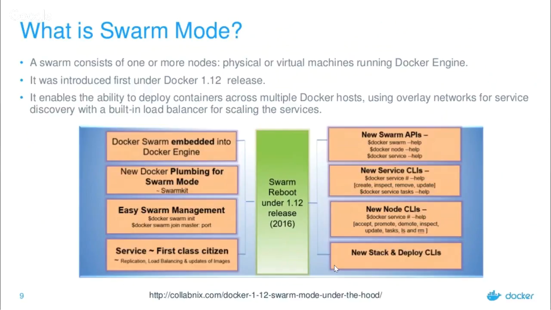Swarm mode was first introduced in Docker's 1.12 release going forward. So currently, if you are installing Docker, by default the Swarm mode gets enabled. The Swarm mode is already embedded into your engine. You just have to initialize it with docker swarm init.